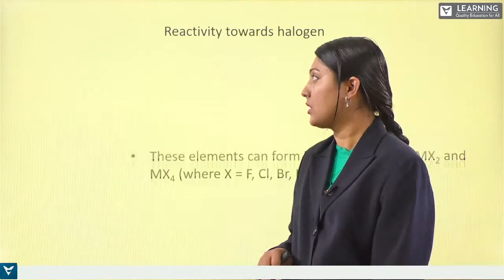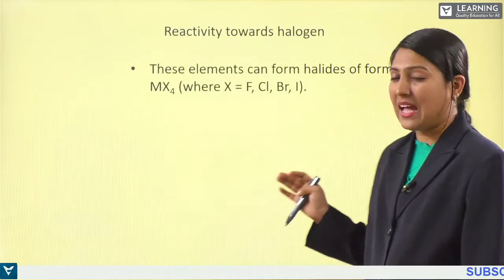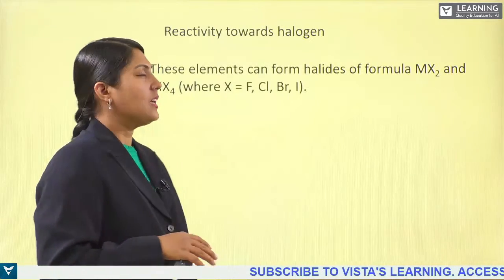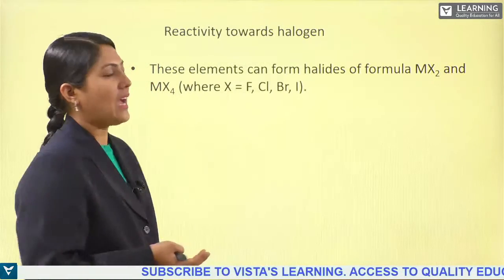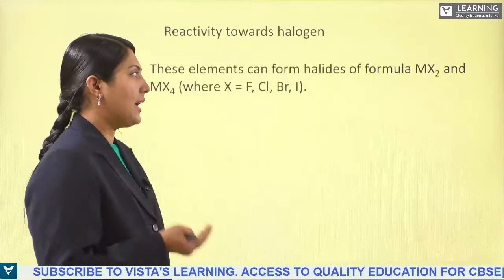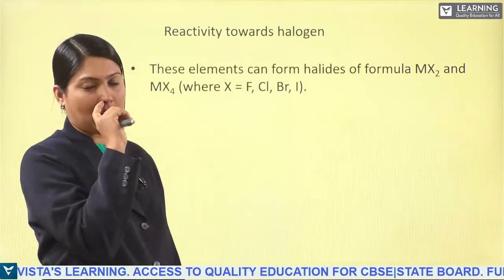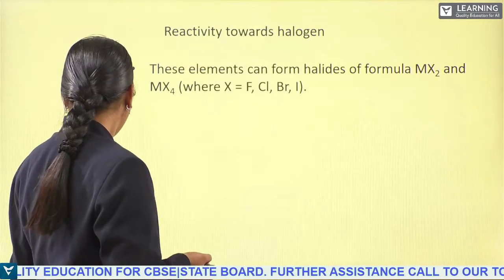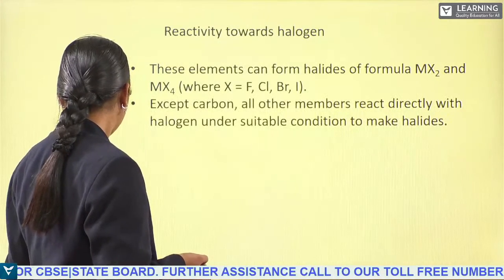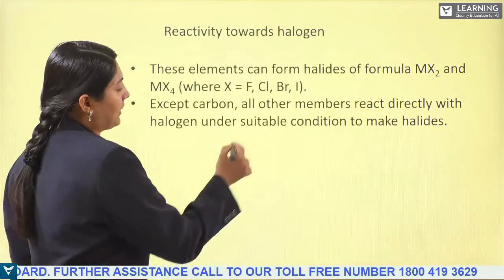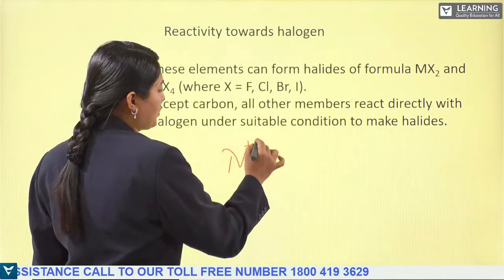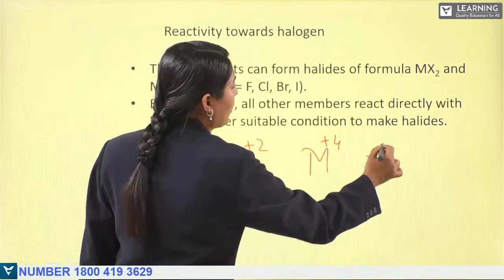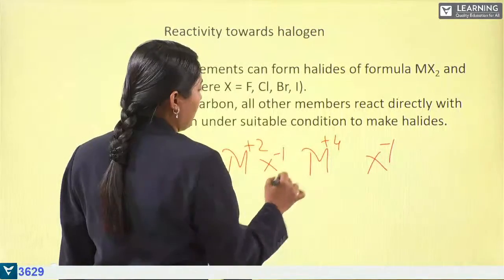Reaction with halogens. Halogens, we know, are fluorine, chlorine, bromine and iodine. Obviously, these group 14 elements will react with halogen to form MX2 or MX4, like how we have for oxygen. If they have a +2 or +4 state, then X will always have a -1 state, right?